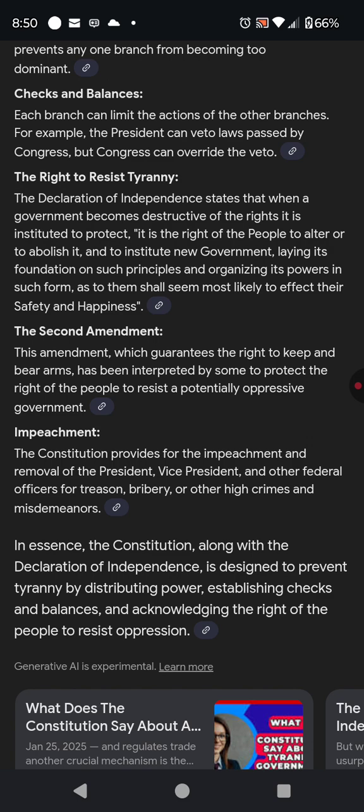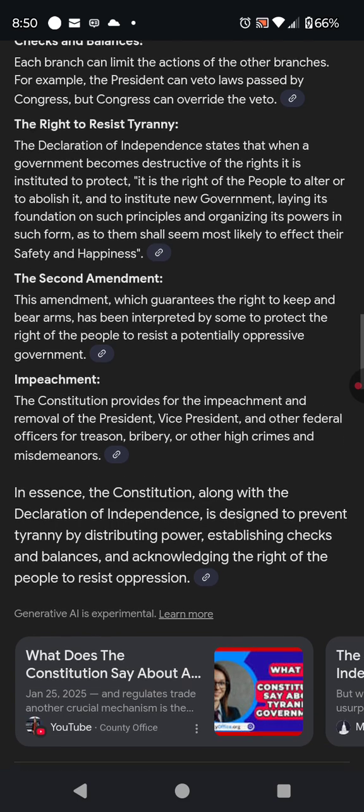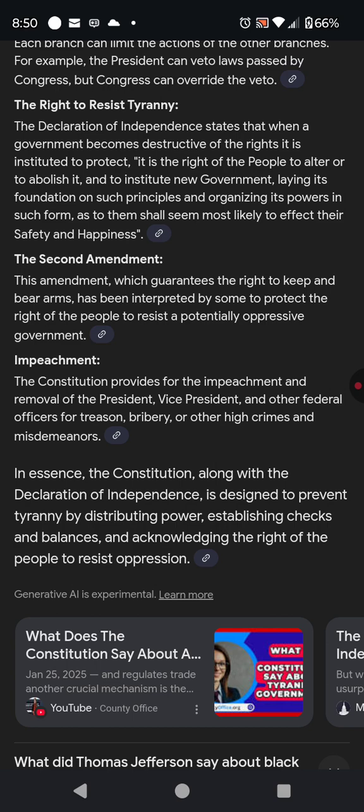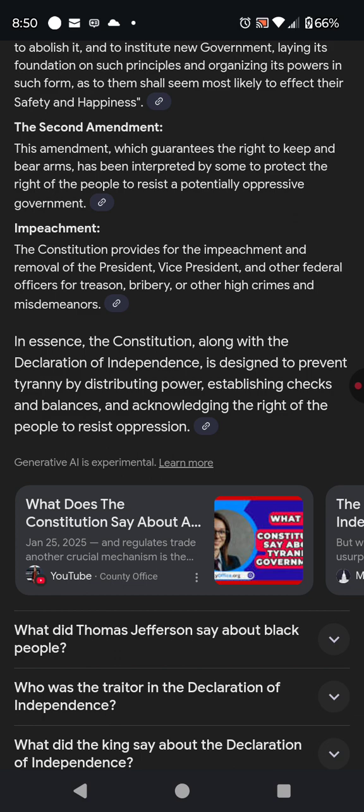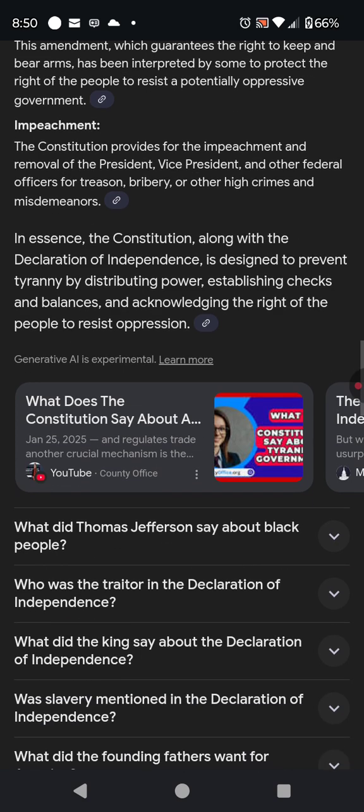The Second Amendment, this amendment, which guarantees the right to keep and bear arms, is interpreted by some to protect the right of the people to resist a potentially oppressive government. Impeachment. The Constitution provides for the impeachment and removal of the president, vice president, and other federal officers for treason, bribery, or other high crimes and misdemeanors.